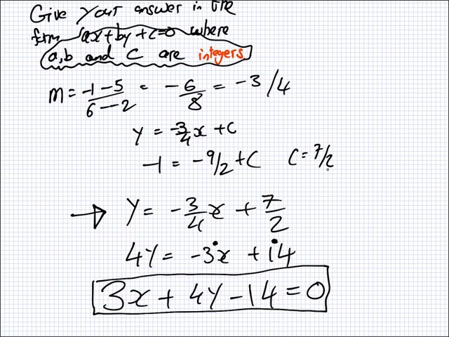If we stop at the 4y equals negative 3x plus 14, we also lose a mark. Did you stop there? Yeah. Lost a mark. It's only because they were very clear that they wanted it equal to 0. So, life is tough.